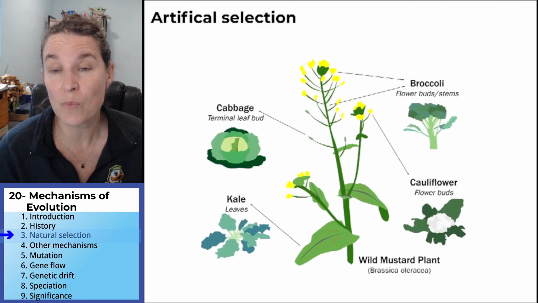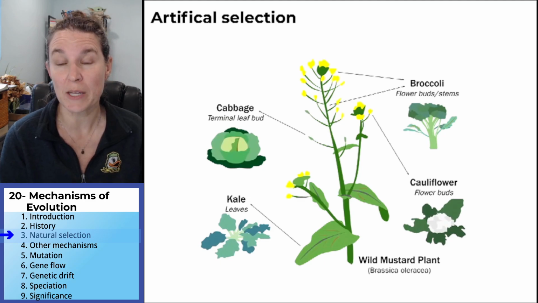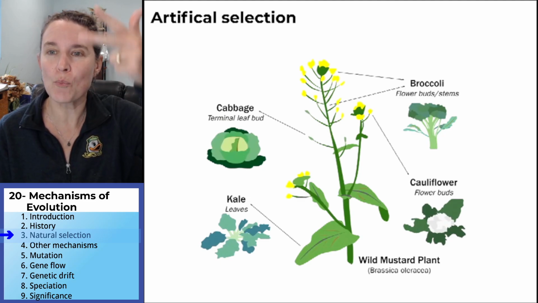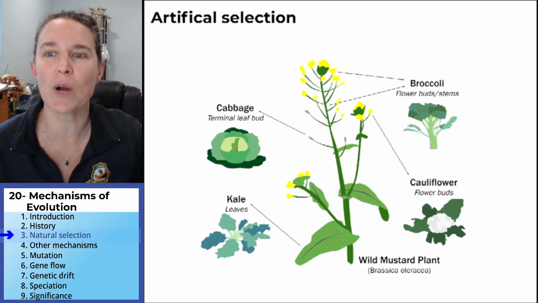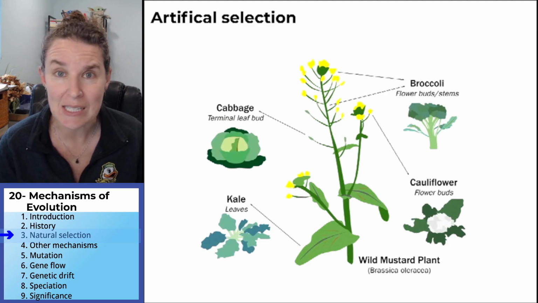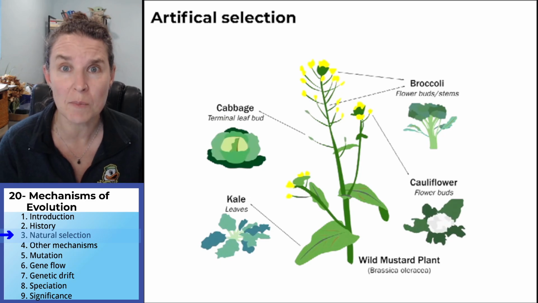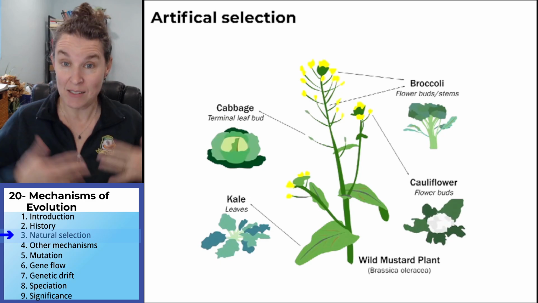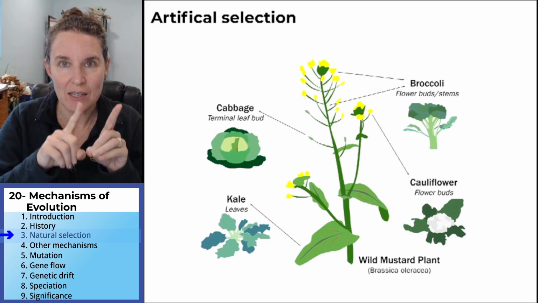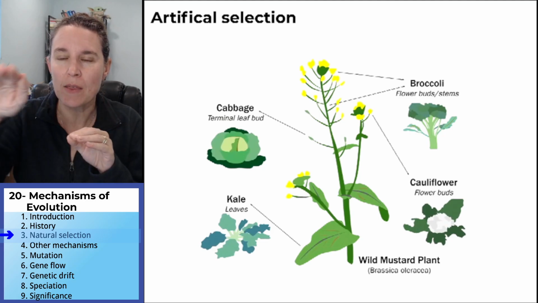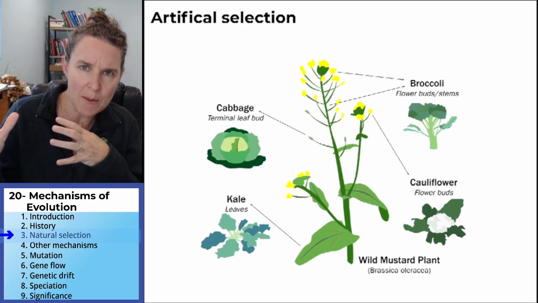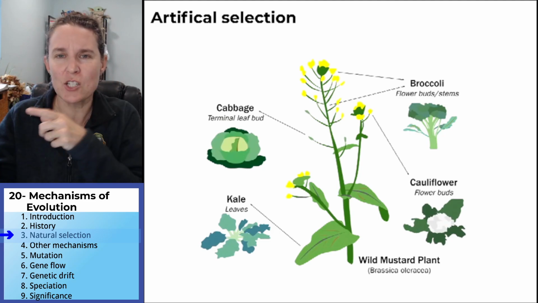And the awesome example is this wild mustard plant. Who knew that cabbage, kale, broccoli, cauliflower, Brussels sprouts are all the same species of plant? They're all wild mustard plant. Humans selected seeds from the plants with the biggest flower bud stems and planted just those.